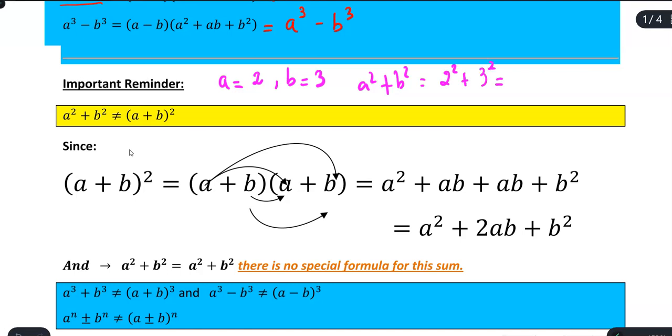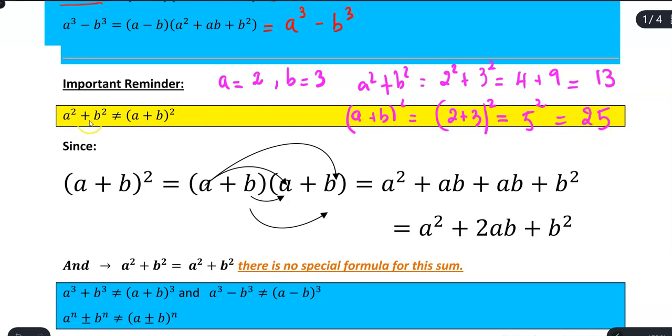So I should have 4 plus 9, and I get 13 as the answer. Now (a plus b) all squared means I have (2 plus 3) all squared. So I should have 5 squared, which is equal to 25. So you see the two numbers are totally different from each other. 13 and 25 are not equal.